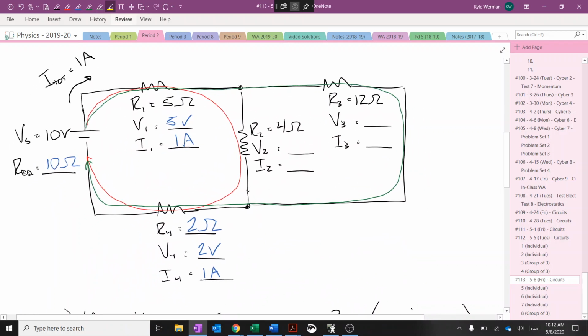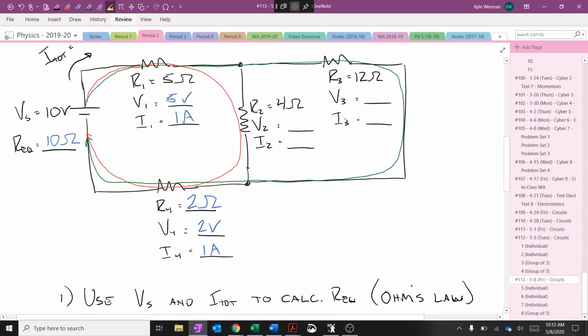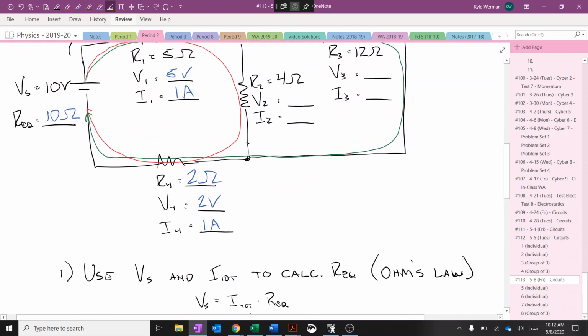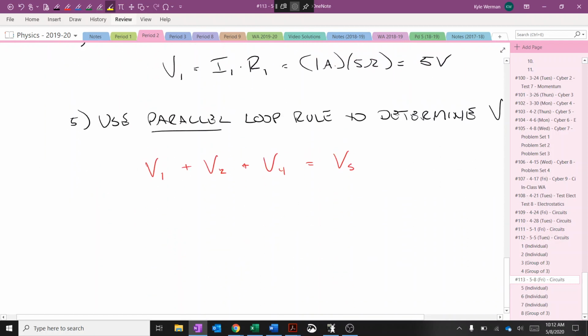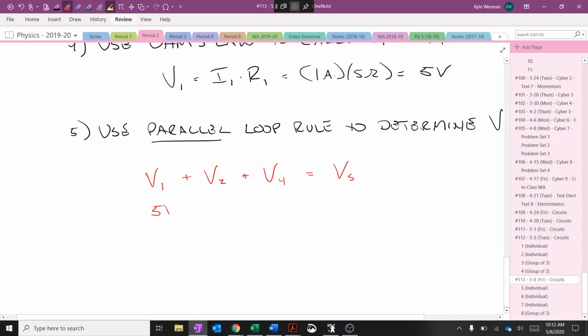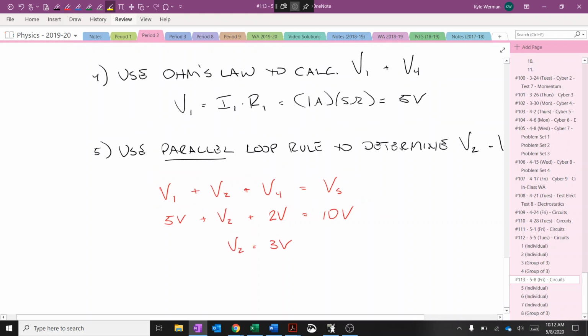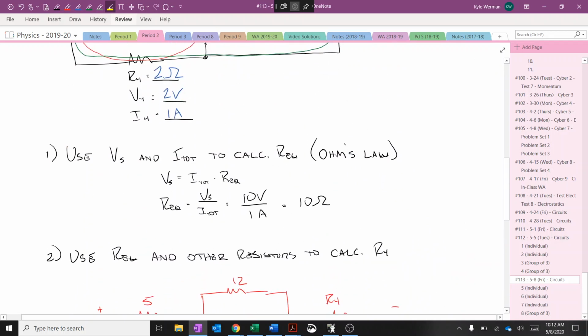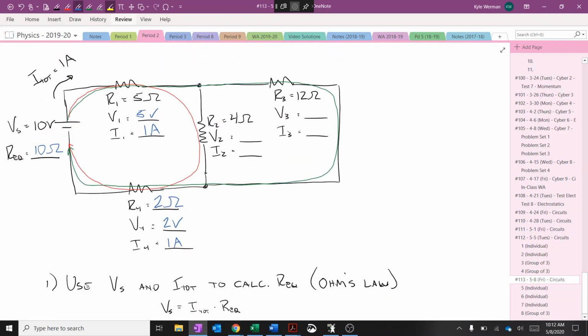Well, those then have to drop all 10 volts, and we know that you have 5 and 2, so right here we know this is 5 volts plus the unknown V2 plus the 2 volts has to equal the supply voltage. And so V2 would therefore have to be 3 volts.